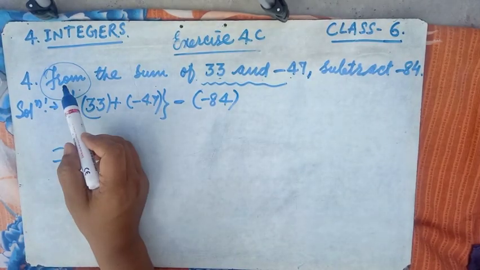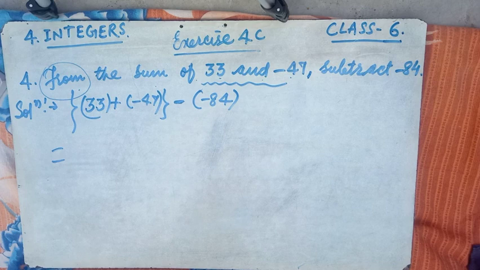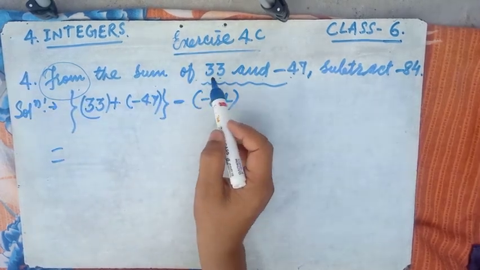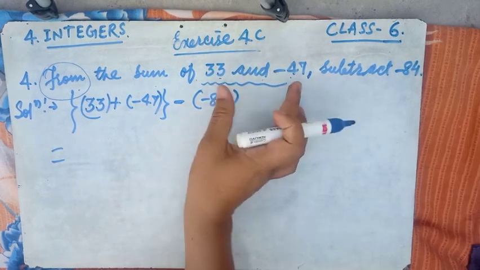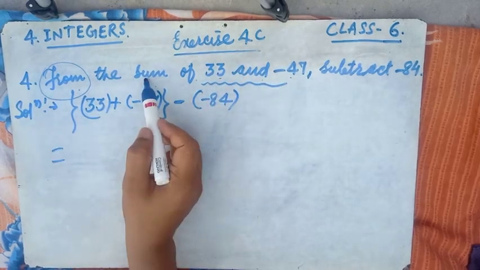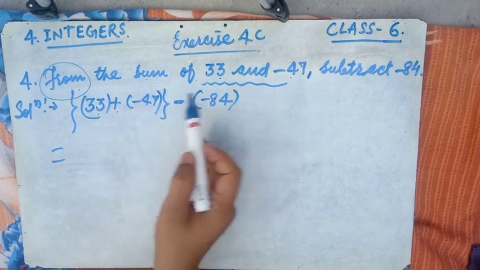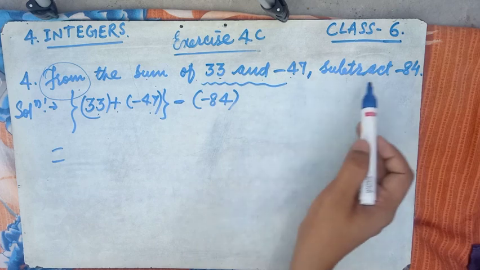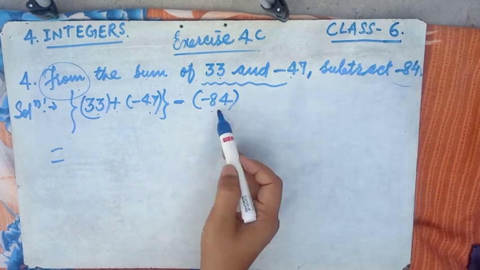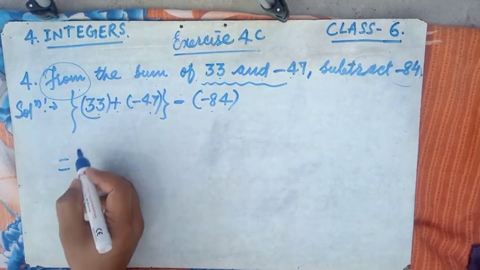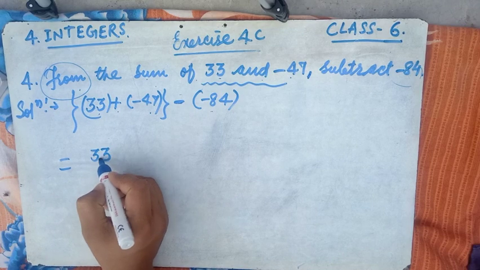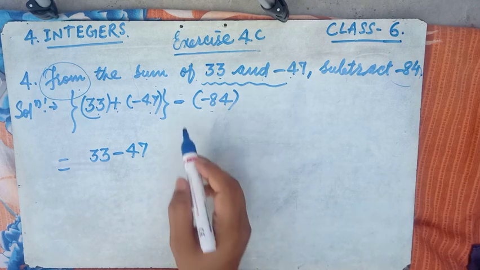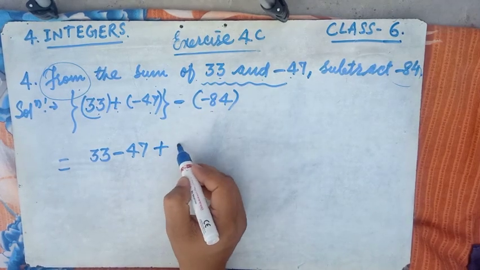First of all, bring the term written after "from" first, but here is the sum of these two numbers, so bring these two numbers first. 33 is here, minus 47 is here. Now subtract, here is the subtraction sign, and this number is minus 84. Now calculate. This is 33, plus into minus, this is minus 47. Here is minus into minus, this is plus 84.